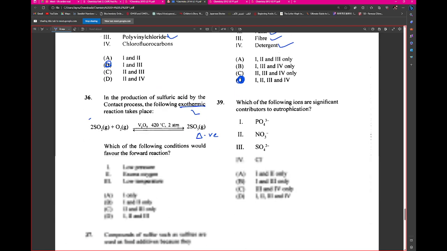Which of the following ions are significant contributors to eutrophication? 1 and 2. And we know this because most of the bacteria and algae would be chemotrophs, right? And chemotrophs feed on phosphates and nitrates and other types of chemicals in order to metabolize and reproduce.